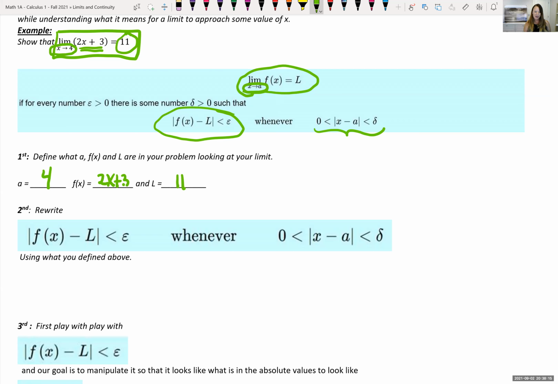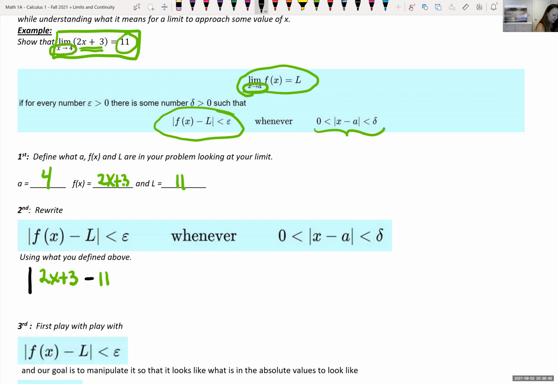So let's go and rewrite, plugging into the absolute value of f of x minus L is less than epsilon what we just said those values were. So we have the absolute value of f of x, but f of x, remember, is 2x plus 3, minus my L value, so minus 11.